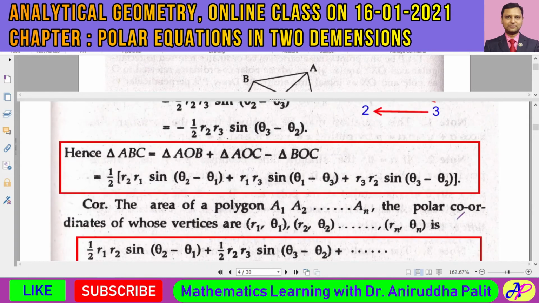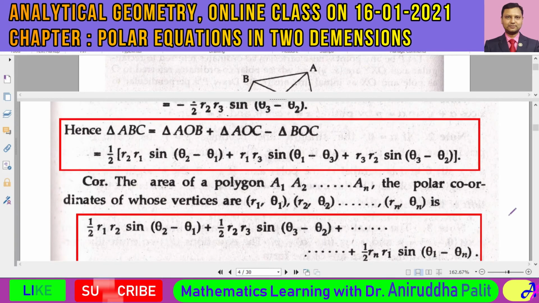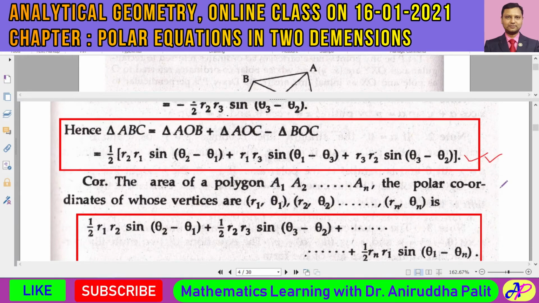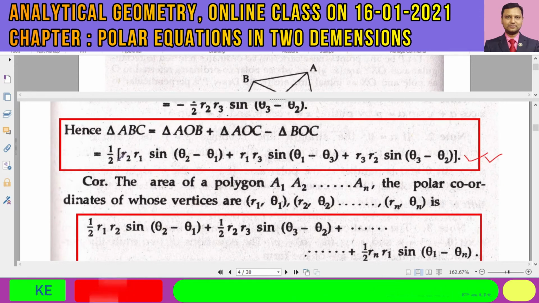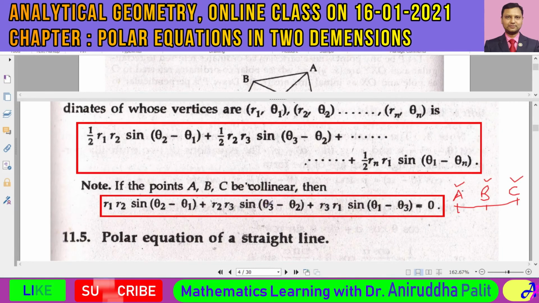Therefore, if we put this area equal to 0 in this formula of the triangle, then the half would ultimately cancel out because of the 0 on the right hand side. So no half would appear, and ultimately you will get this kind of formula.